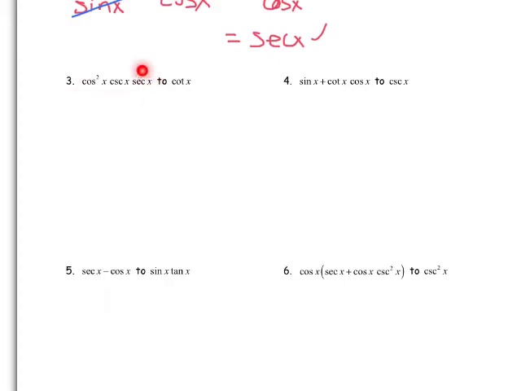So if I make all of these cosines and sines, hopefully it'll just end up. Since cosine squared is already cosine squared, I'll just write that again, but I'll put it over 1. Cosecant I'm writing as 1 over sine, and secant as 1 over cosine.